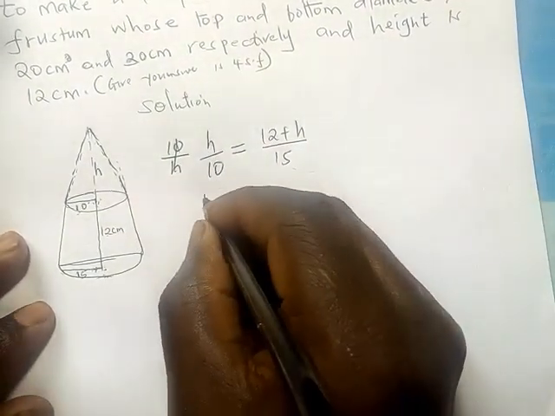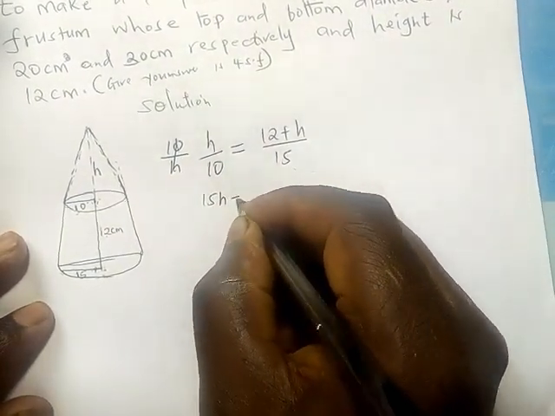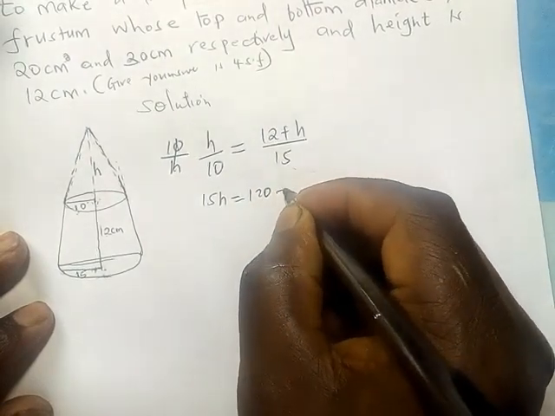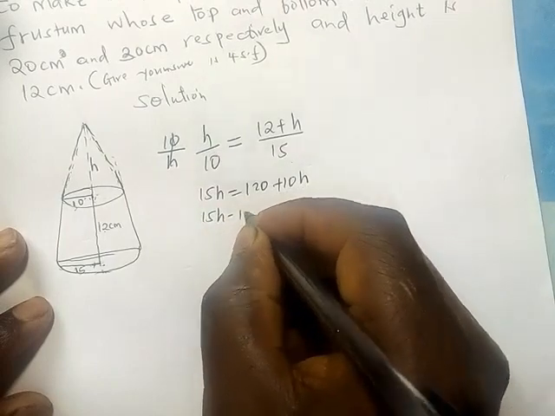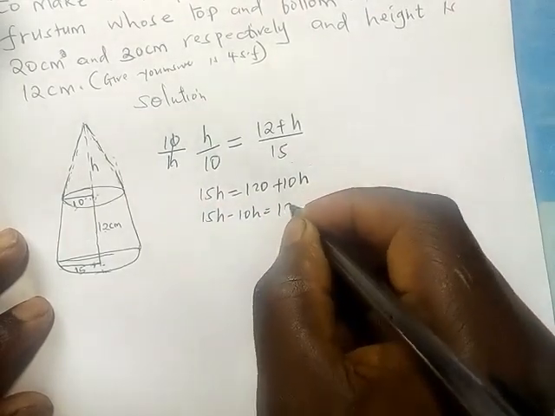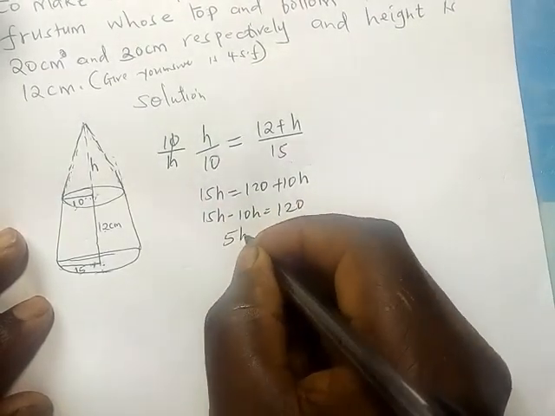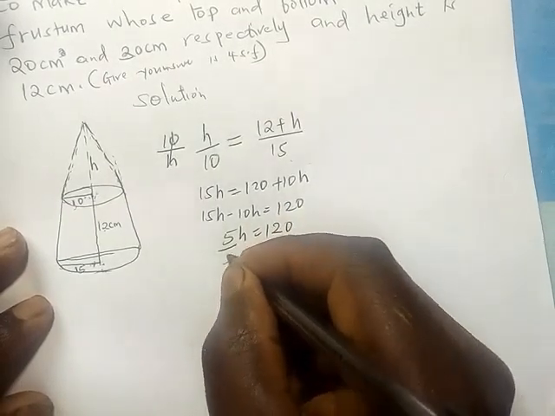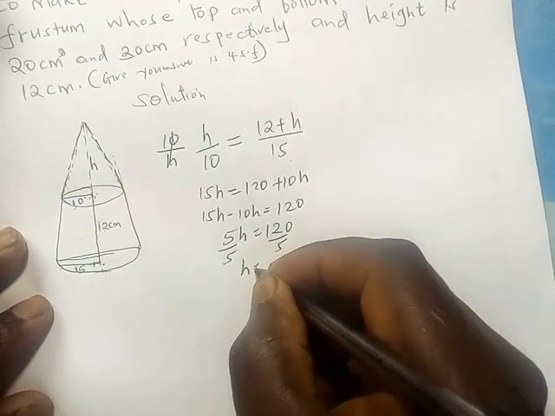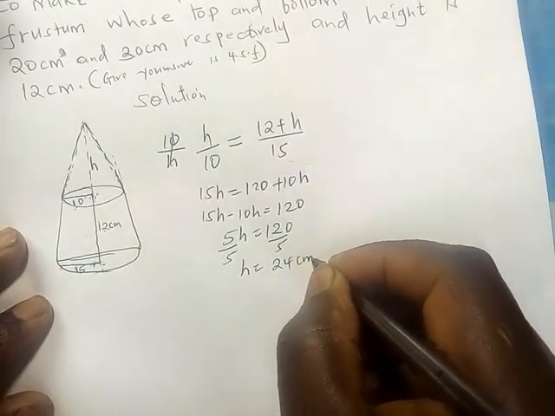So you cross multiply, we have 15h is equal to 120 plus 10h. 15h minus 10h is equal to 120. 5h is equal to 120. Dividing both sides by 5, h is equal to 24 centimeters.